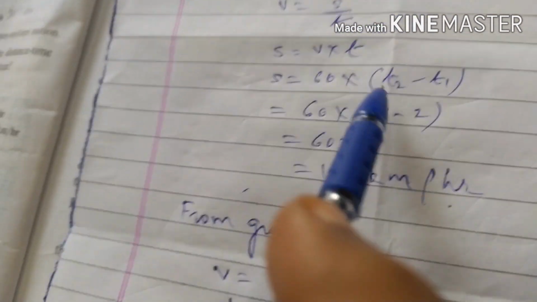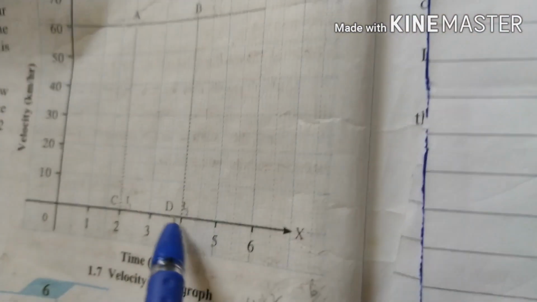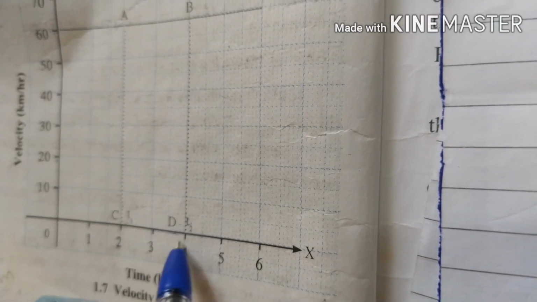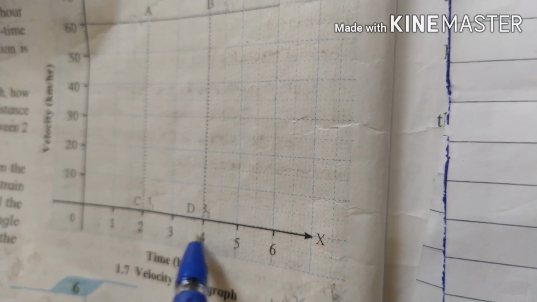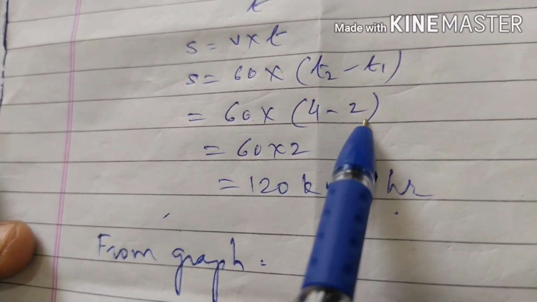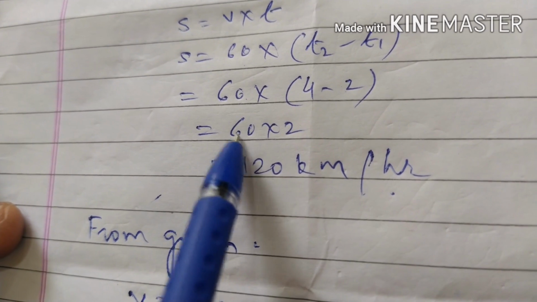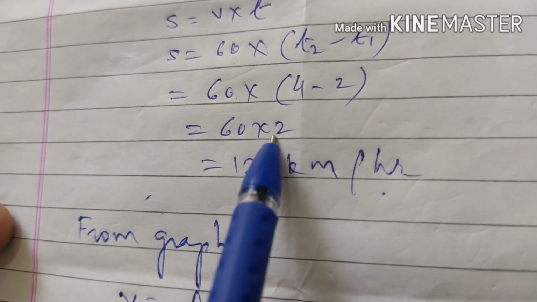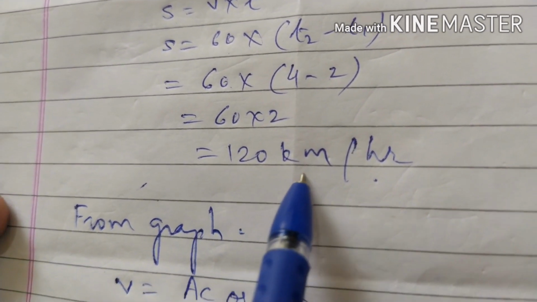Here we have to find the time between 4 hours and 2 hours. So 60 into 4 minus 2, which is 2. So that is nothing but 120 km.